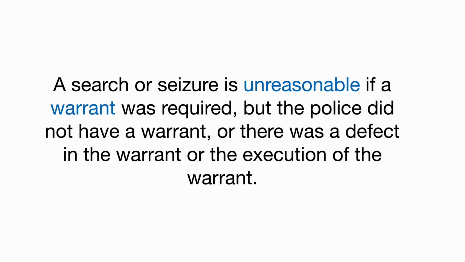Or if they searched way beyond the scope of the warrant. For example, if their warrant was for apartment 105 and they searched apartments 103, 104, 105, 106, 107, those would be defects in the execution of the warrant.